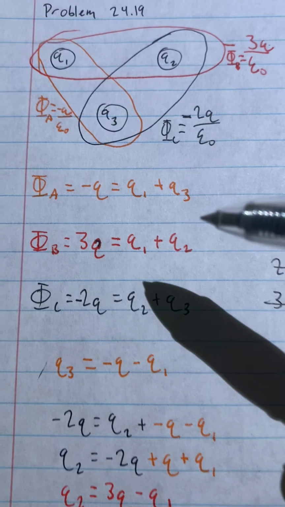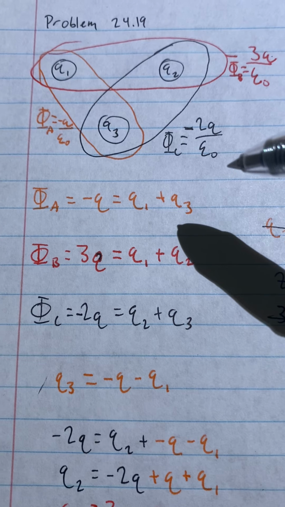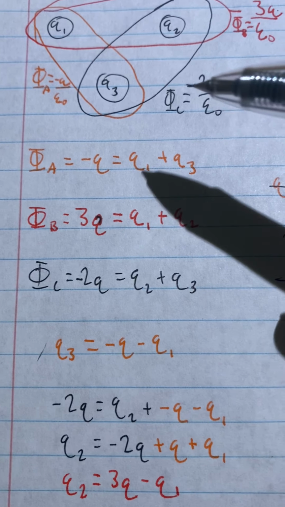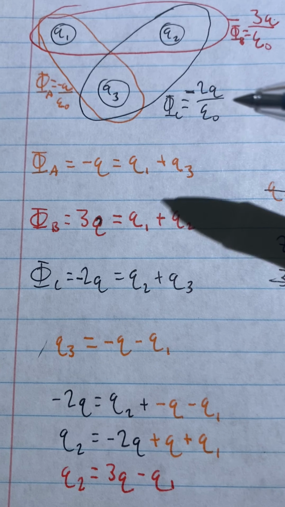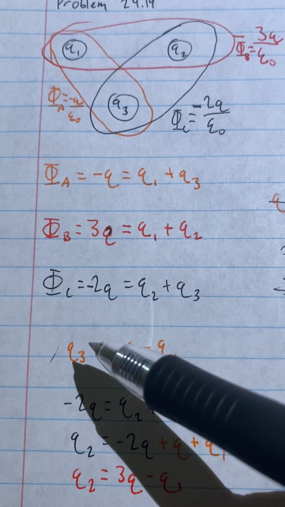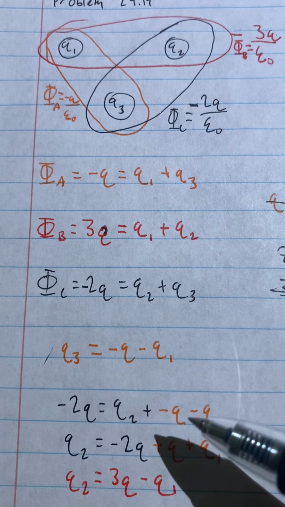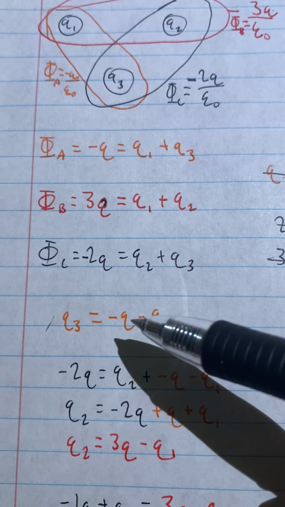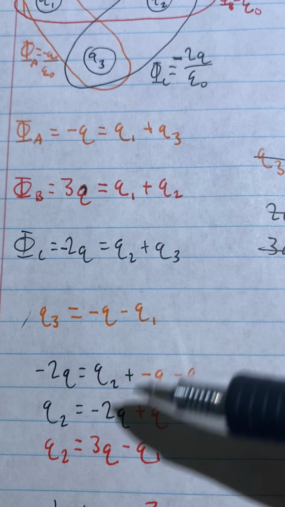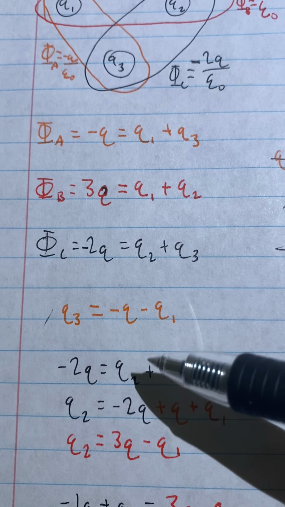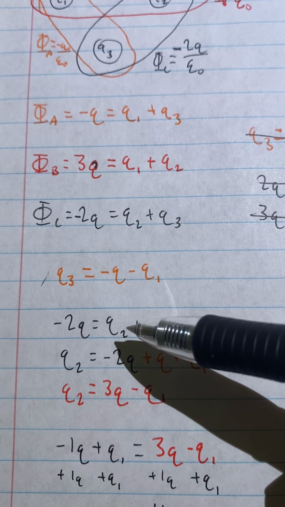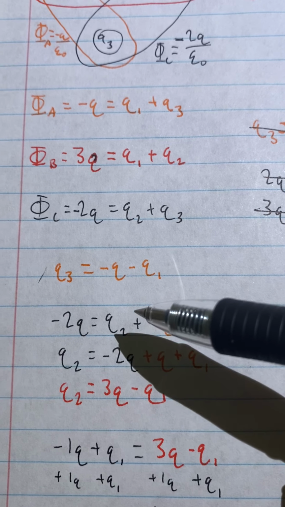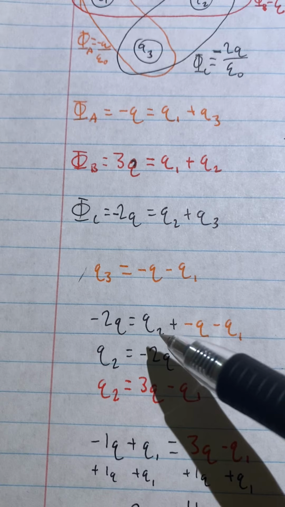This is basically just like solving a system of equations. What I did here was I took one variable, q3, and found the value of that, and then I substituted that into this other equation. So q3 is equal to negative q minus q1, and I plug that into this equation. I get 2q is equal to q2 plus negative q minus q1, and then you can rewrite that to find the value of q2.